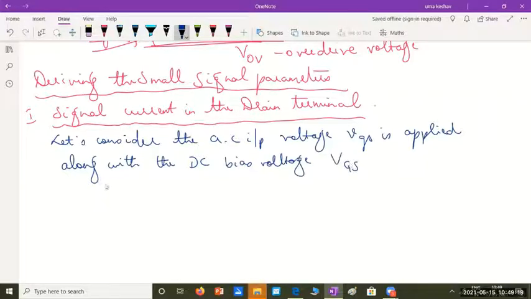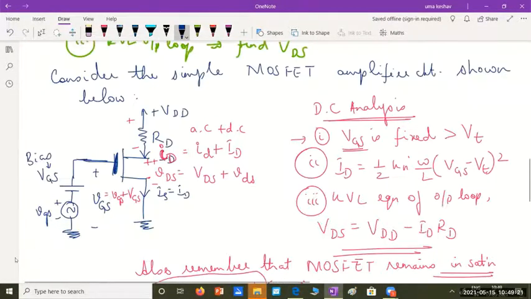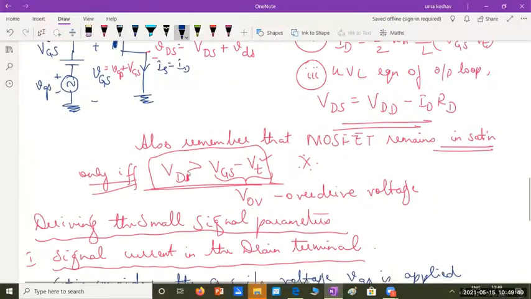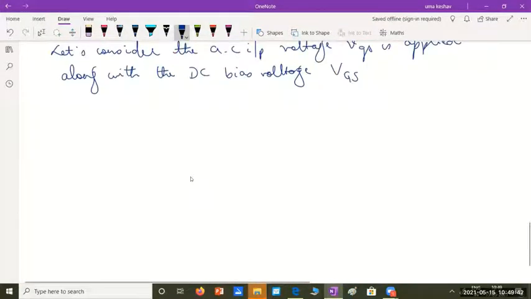Okay, so we have already shown in the amplifier we need capital VGS as the DC bias voltage to switch on the MOSFET, and small vgs represents the AC input voltage. So we are superimposing this AC voltage along with the DC voltage to make it work as an amplifier.